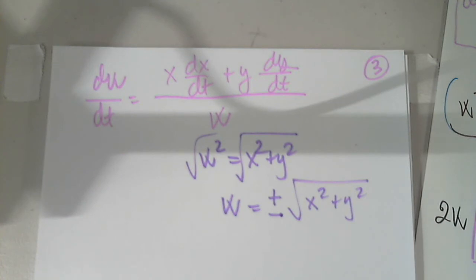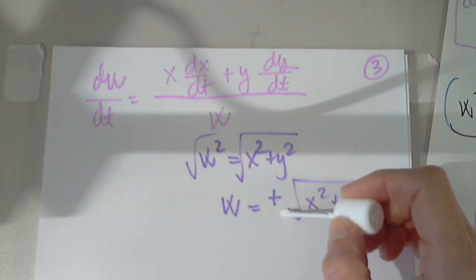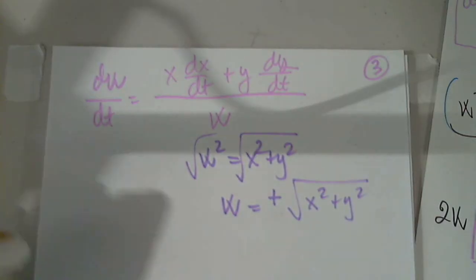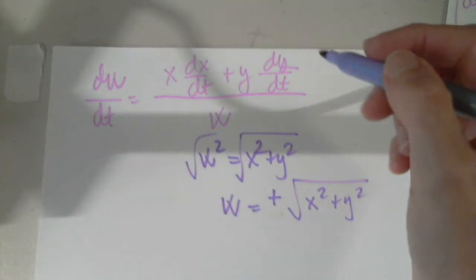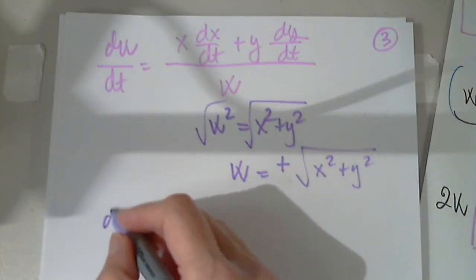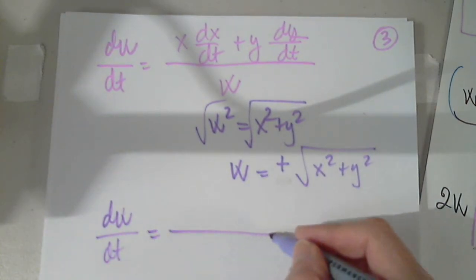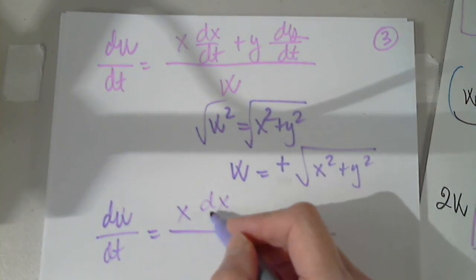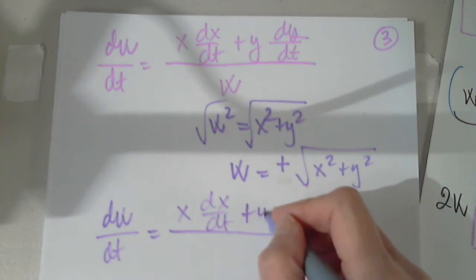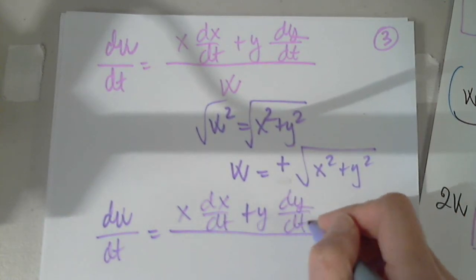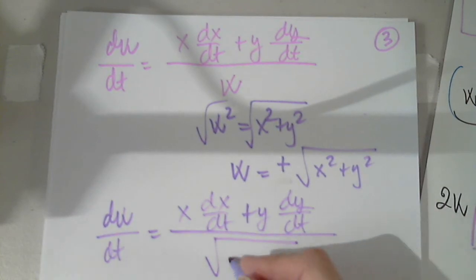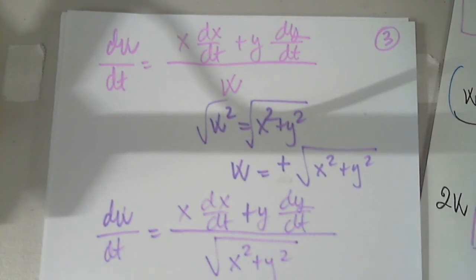So I will go back and erase the minus. Good. So now the whole thing will become dw over dt equals x dx over dt plus y dy over dt over the square root of x squared plus y squared.